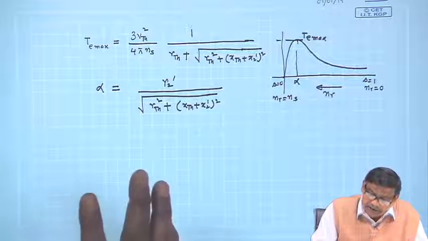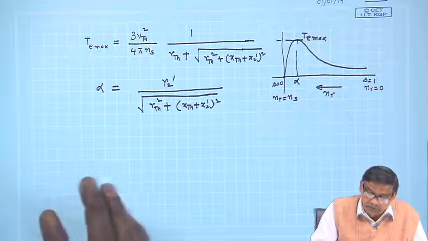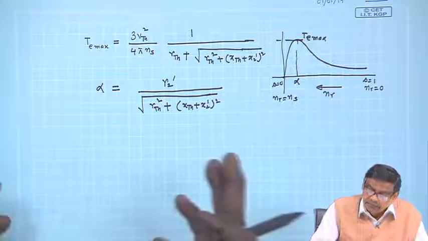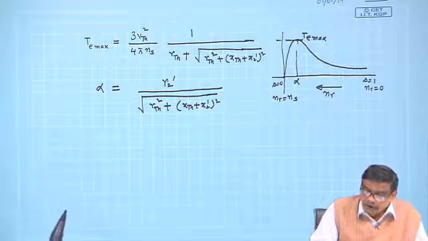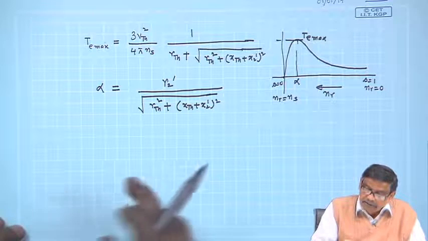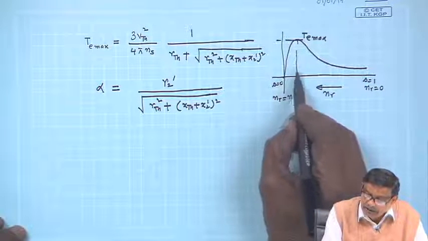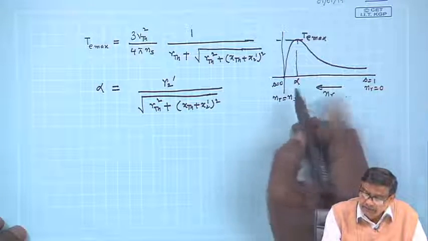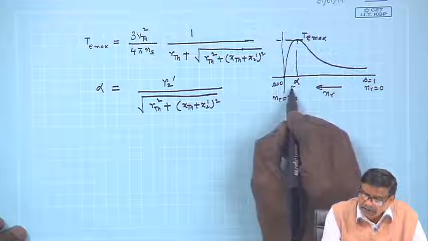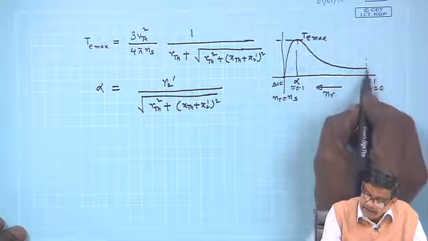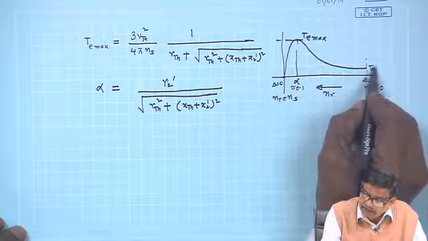Therefore, if the equivalent circuit parameters are known, we will be able to predict how much maximum torque the motor is capable of developing, and at what slip it does. I told you that for a very well designed motor, this alpha, a typical value could be 0.1, and this is 1, and this is starting torque.